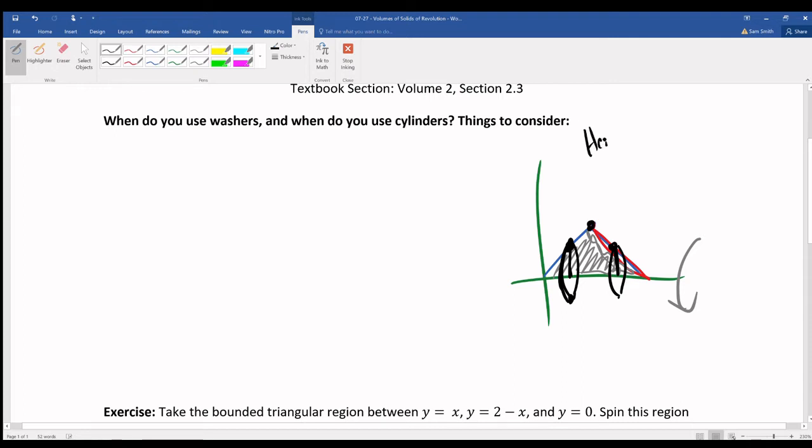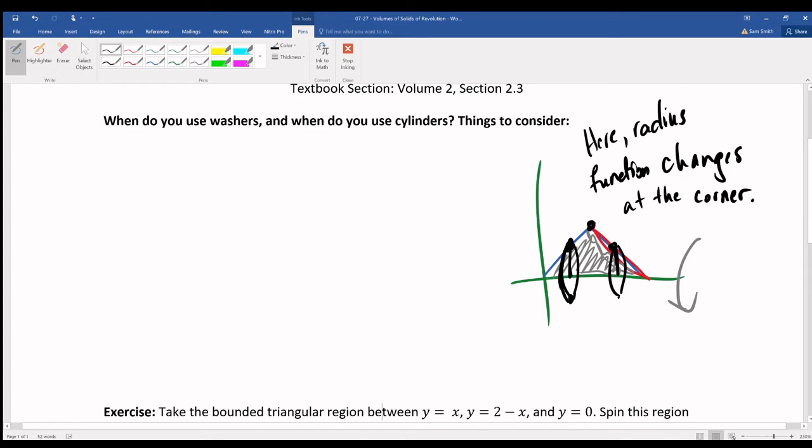So here, the radius function changes. The radius function changes at the corner. So what does this mean? This means that in order to actually find this volume, you would need two integrals.